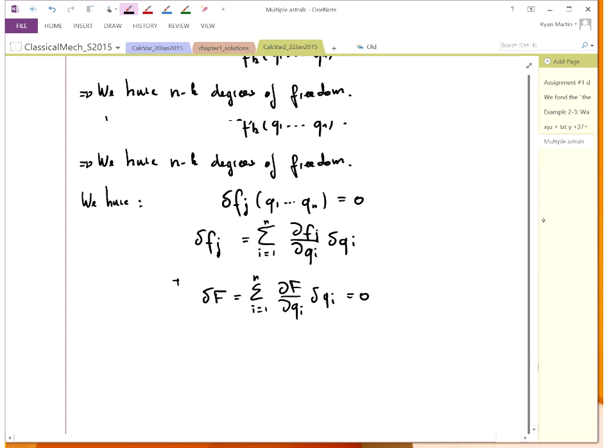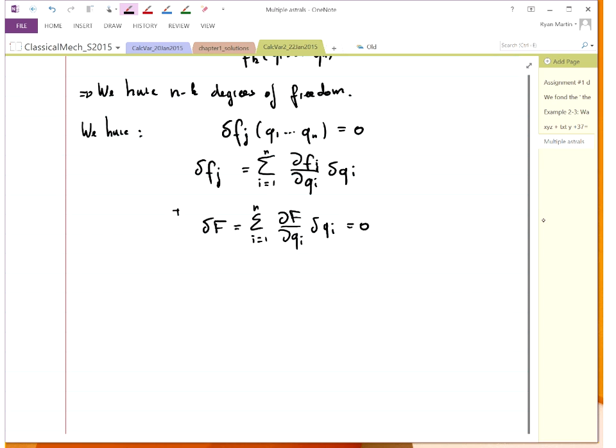So there's no reason that I can't build a function that's 0 plus 0, and that's still going to be equal to 0. So let me construct delta F plus lambda 1 delta f1 plus lambda 2 delta f2 plus all the way to lambda k delta fk. That has to be equal to 0.